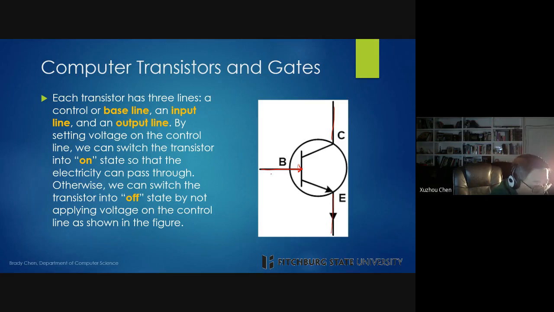This is also the control line. If you think about this like a switch, then you can switch it on and switch it off. You can disconnect between here and here. So you can switch it on and off using the control line. This is a very simple single transistor, and this is how it works.